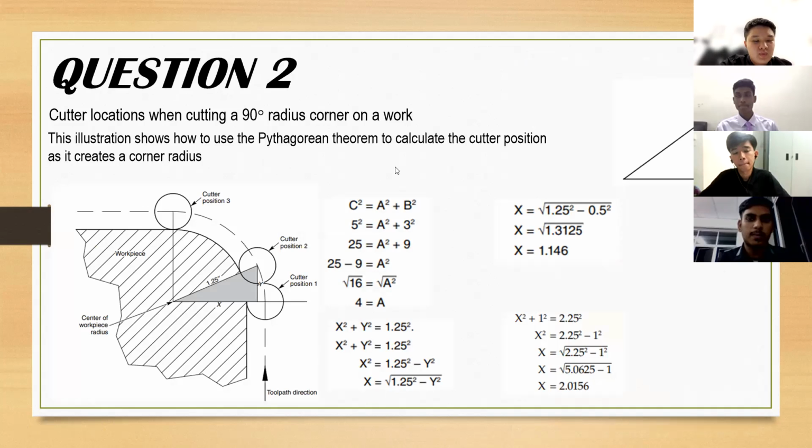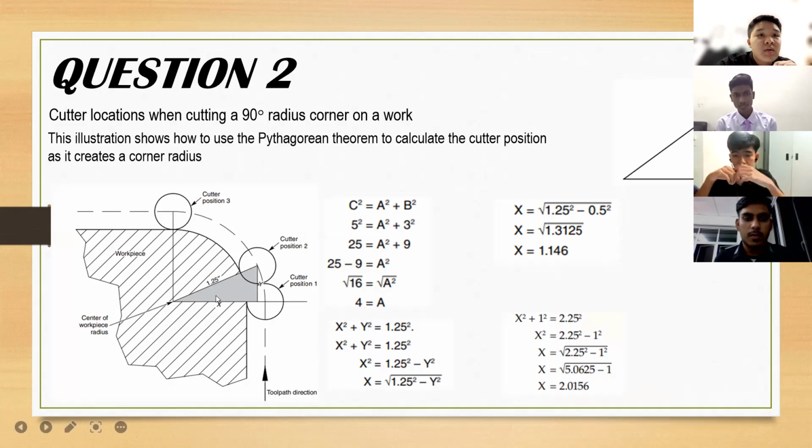Okay, question number 2. Cutter location when cutting a 90 degree radius corner on a workpiece. This illustration shows how to use the Pythagorean theorem to calculate the cutter position as it creates a corner radius. This is the workpiece, and the center of the radius is here, 1.25 in the x and y direction. The Pythagorean theorem is a special relationship that exists among the three sides of a right triangle.